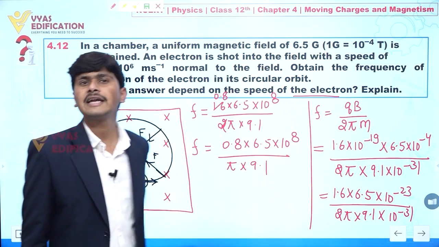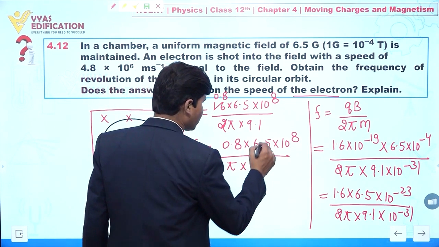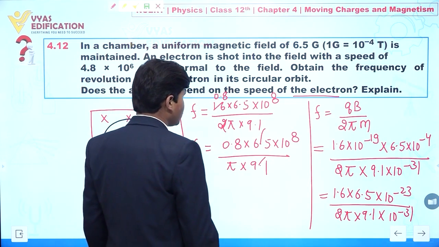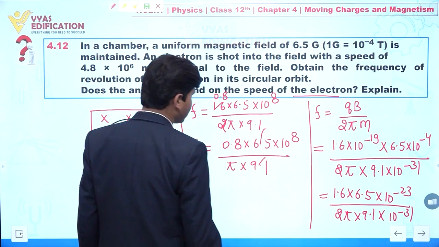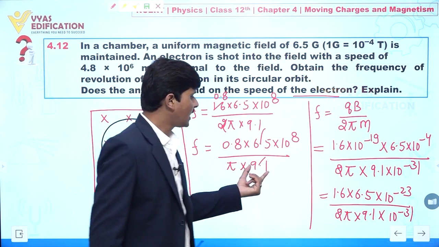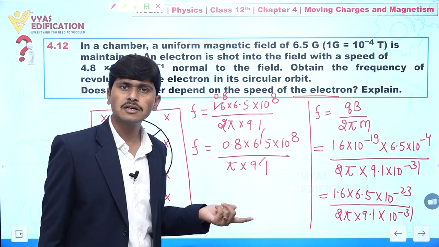Now we have to take an approximation, clear. So how can we take the approximation? Let's suppose this decimal and this decimal are cancelled out, clear. So pi is approximately 3.1, and this is 9.1, so if we multiply both, that is 27 point something, clear.